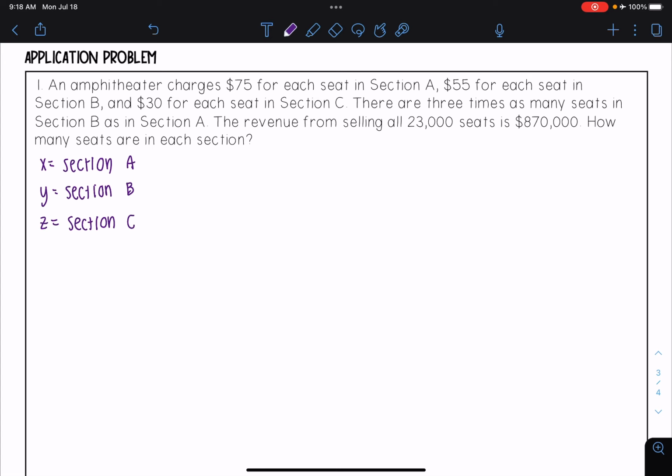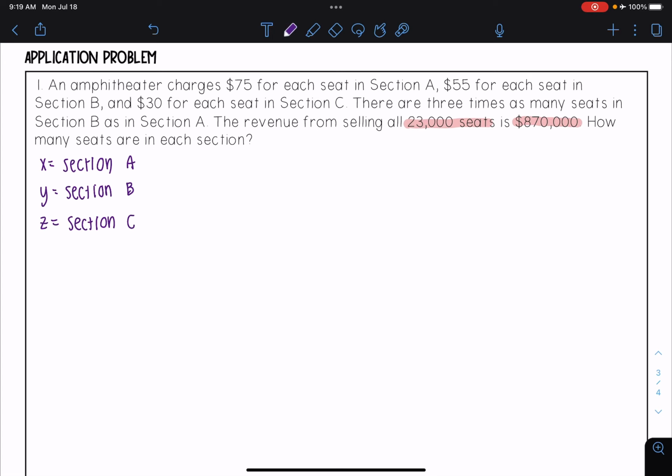And so now I'm going to go through sentence by sentence and see what equations I can make and look for some totals. Well, I see at the second to last sentence, the revenue from selling 23,000 seats, so I have a total there's 23,000 seats, and I see from selling those, they got 870,000.